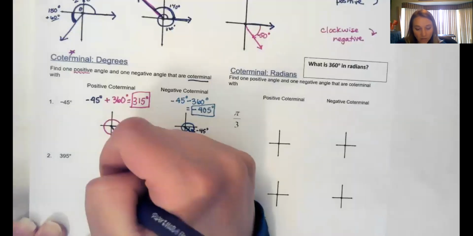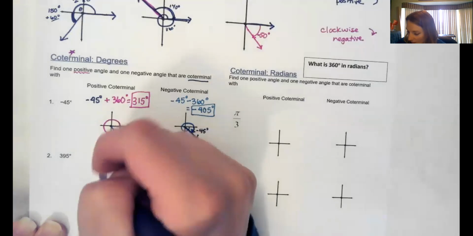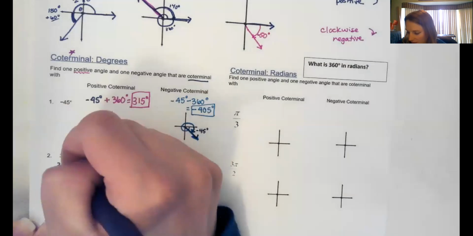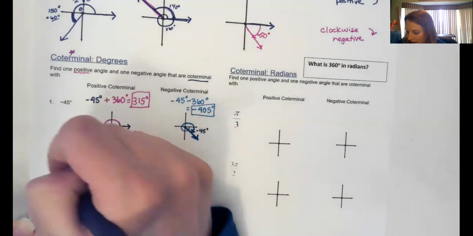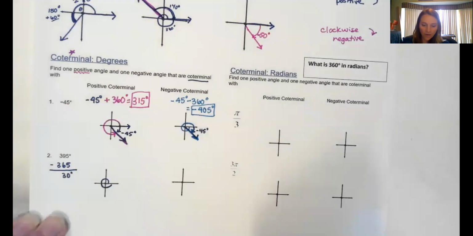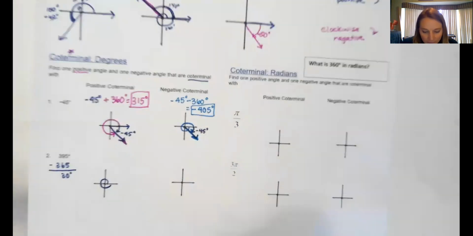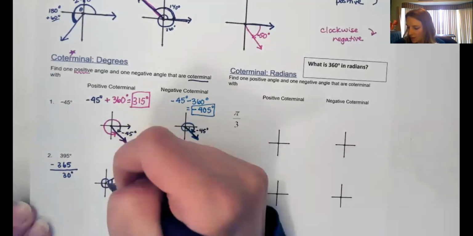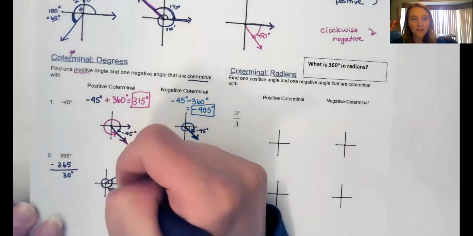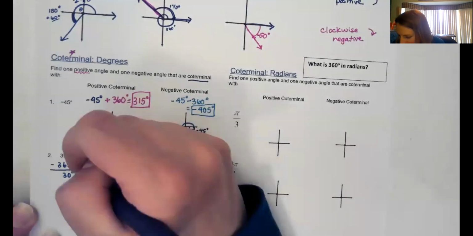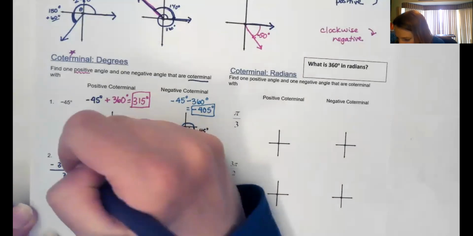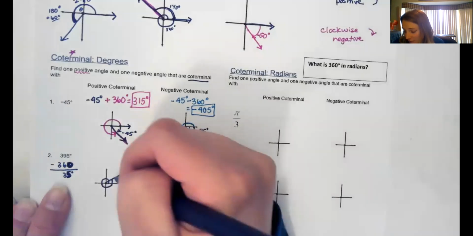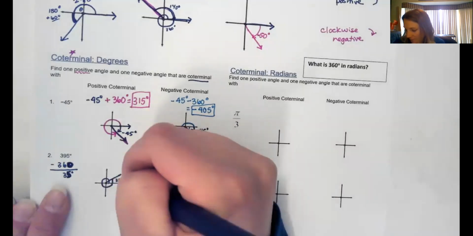Well, this means we went around the circle 360 degrees, and that means I have 35 more degrees to go.